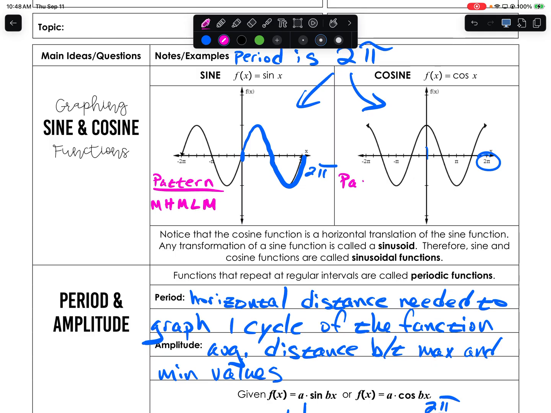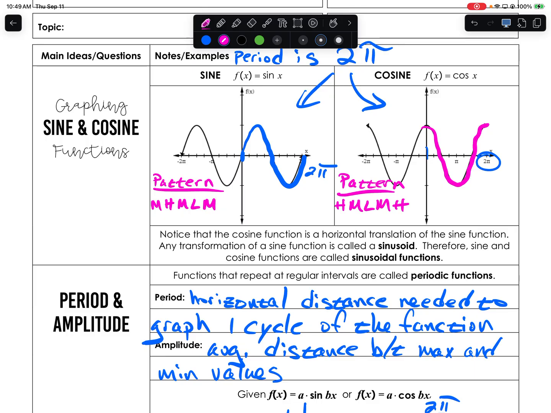This one is high, middle, low, middle, high. Right? And that's without any like negatives or anything. Right? So this cosine one would go, right? And that's 1 period or 2 pi.